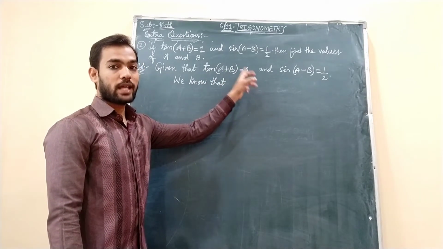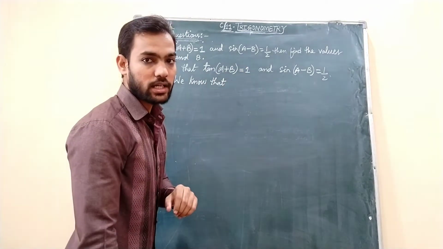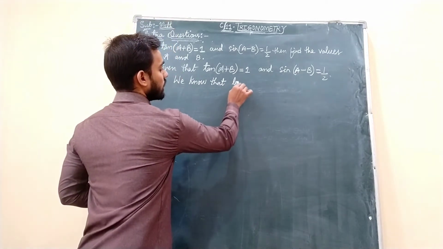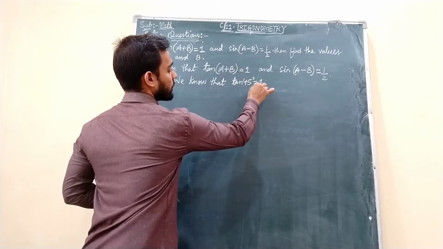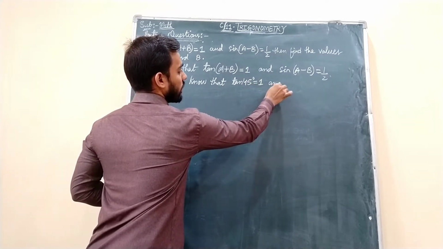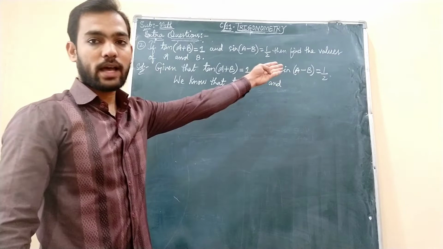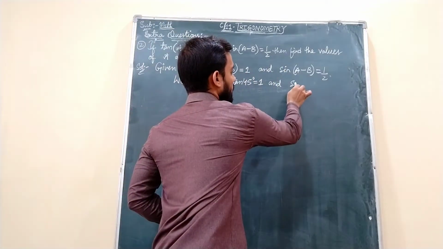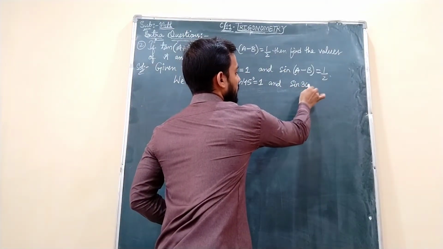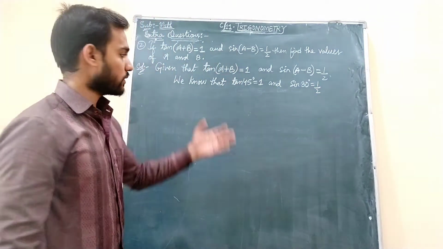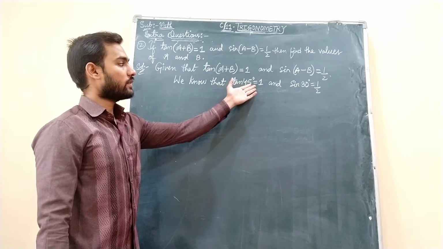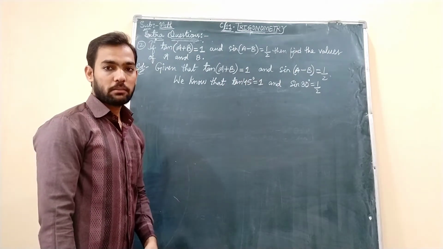As per the table, under the tan ratio, tan 45 degree is 1, and under sine, the value 1 by 2, sine 30 degree is 1 by 2. You can cross check with the table, you will find them correct.